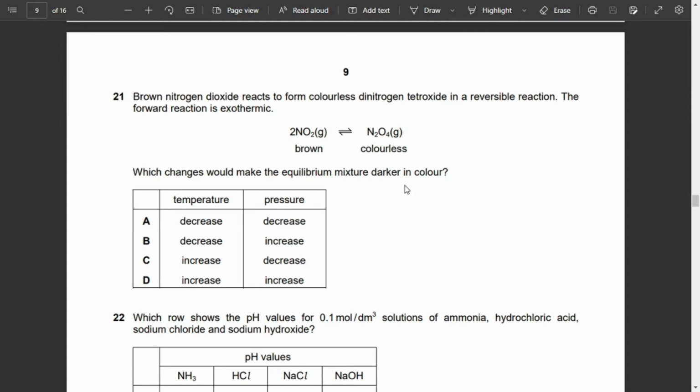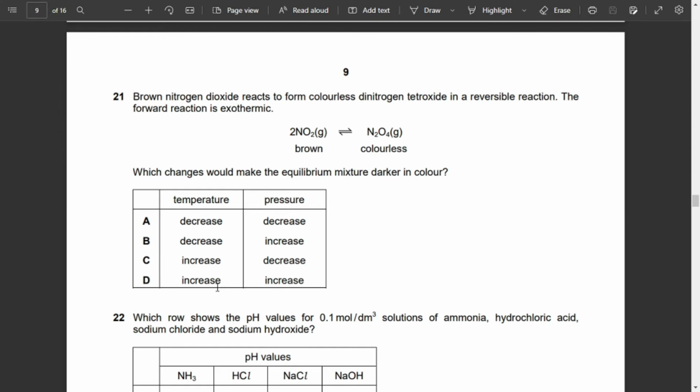So we need to increase the temperature so that the equilibrium can shift backward, because decreasing the temperature takes the equilibrium forward, which will make the color less dark. So we'll either choose C or D, which talk about an increase in temperature.